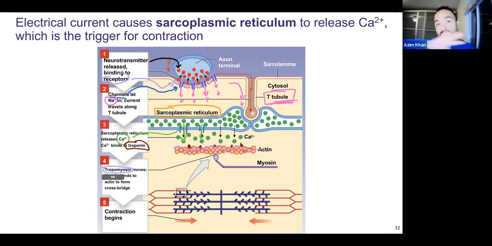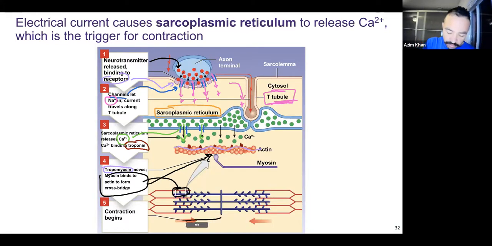It allows tropomyosin to move and shift. By shifting, then the myosin can grab onto actin. That's what's forming here. That's what's going on here. The sarcomere shortens. A lot of steps right there.